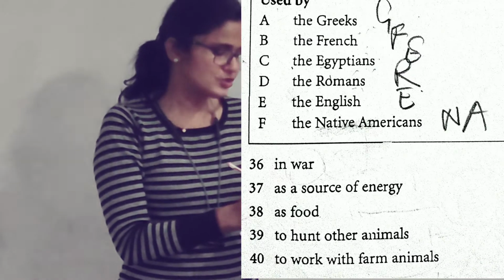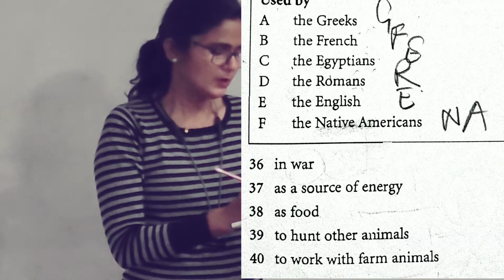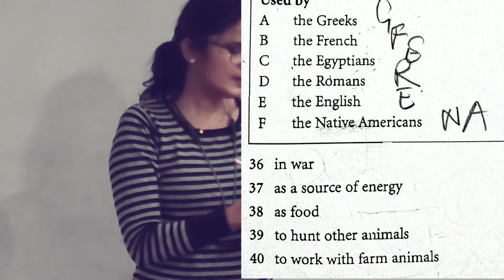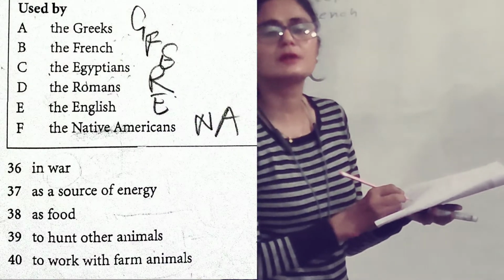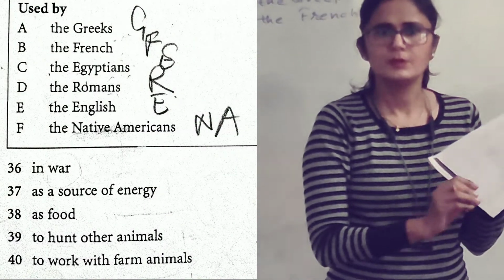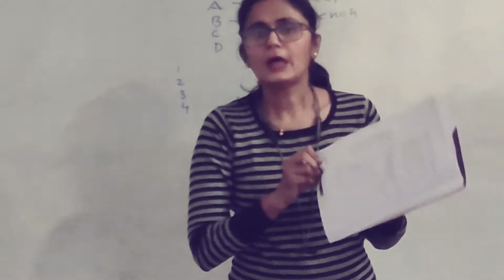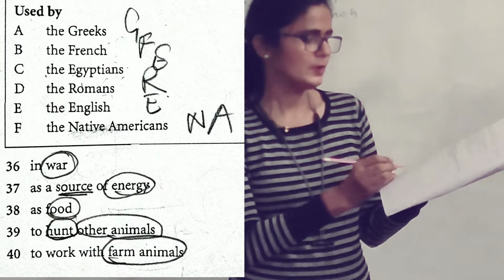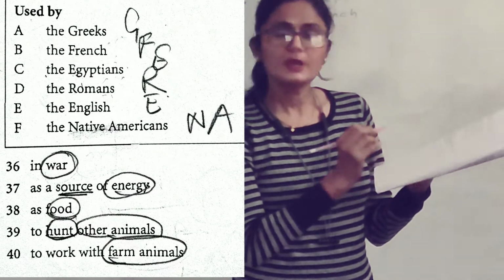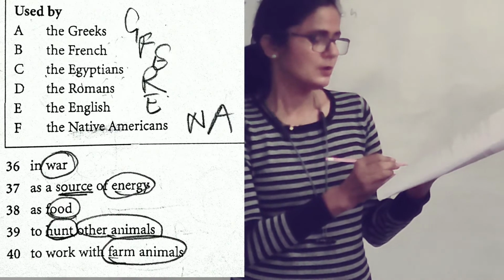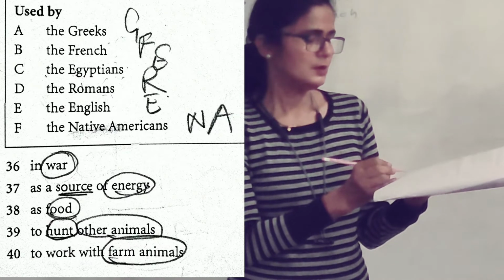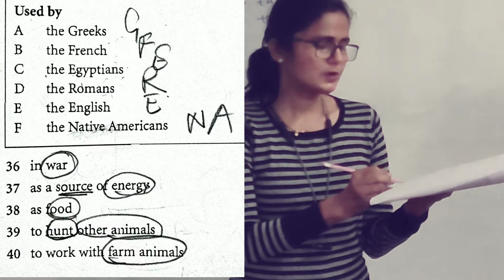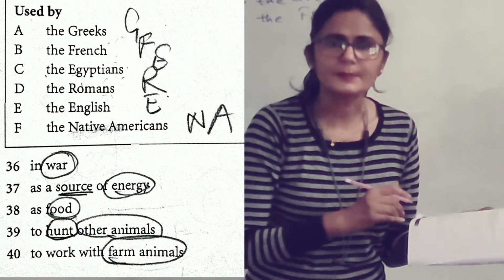Like the Greeks, so G; the French, F; the Egyptians, E; Romans, R; English, E; the Native Americans, NA. So this I have written. Now mark keywords again: mark war as a source of energy, food, hunt other animals, to work with farm animals.